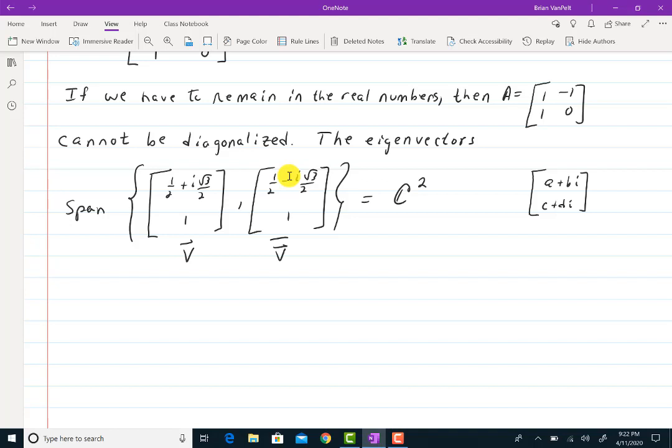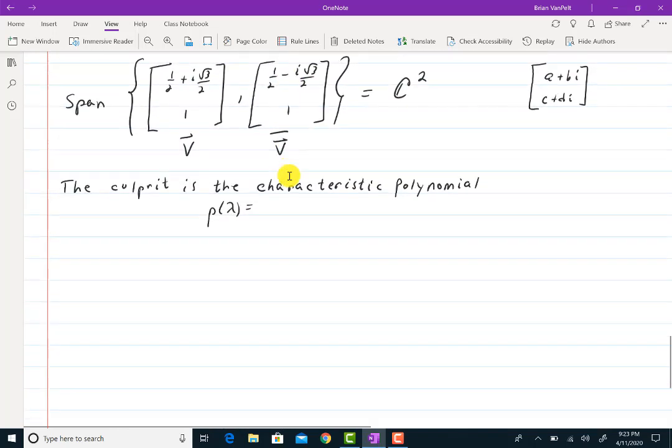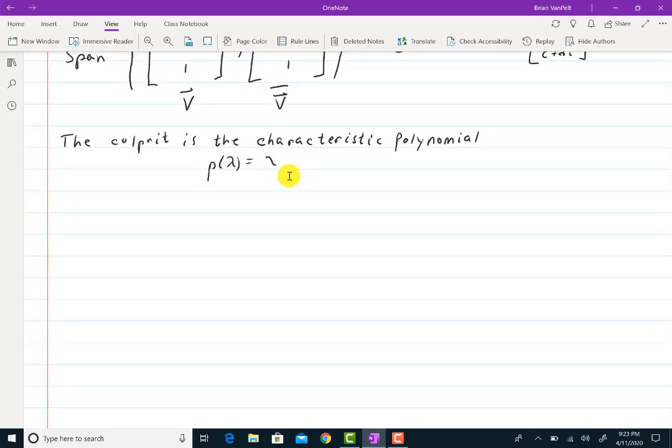What happened to us? The culprit is the characteristic polynomial. In this case, P of lambda was equal to, let me see if I can find out what it was, I think it was lambda squared minus lambda plus 1.